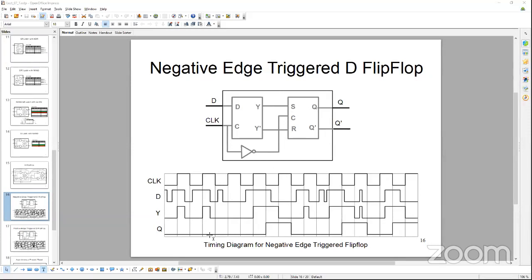So that's the observation. Y is following D during the high logic of the clock and then holds on to the last logic value during the low time. But Q is following the Y logic value during the low logic period of the clock and holding on to the latest logic value during the high part of the clock.